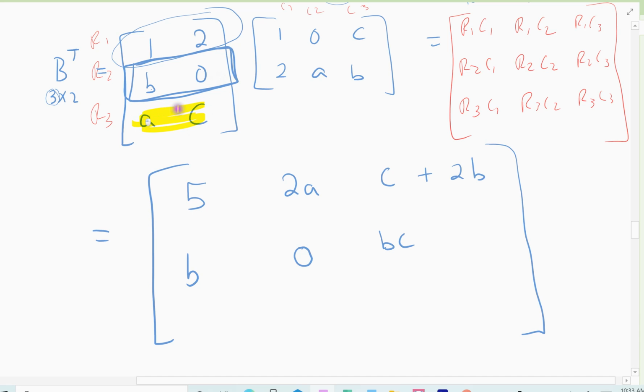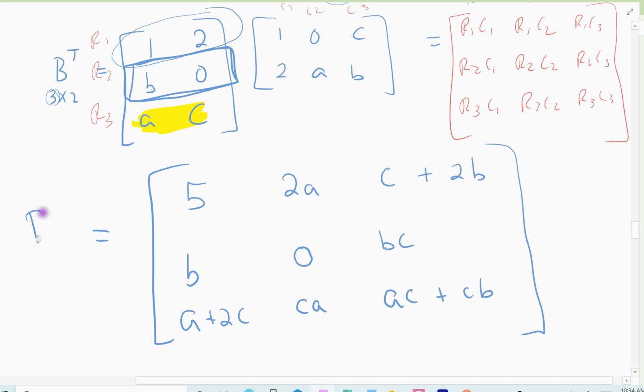Now my last row, which I'm going to highlight. My last row by all 3 columns, so a times 1 is a, plus 2c. A times 0 is 0, and CA. A times C, which is AC, plus C times B, so CB.